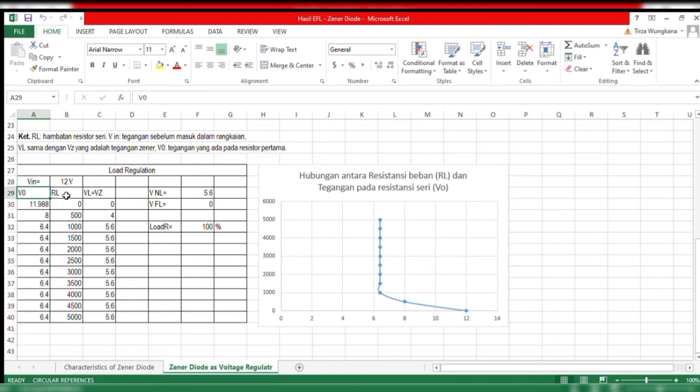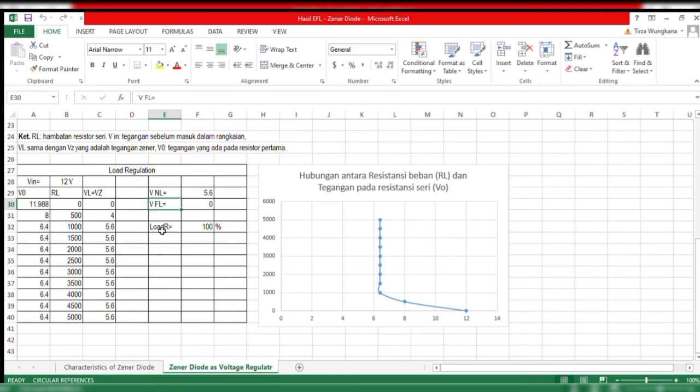The voltage on the first resistor here, the resistance loaded is here, and this means voltage loaded is equal to Zener voltage, and here VNL is the output voltage when there is no load resistance, and VFL is the output voltage when the load resistance is maximum.